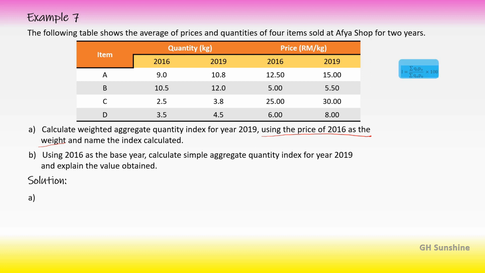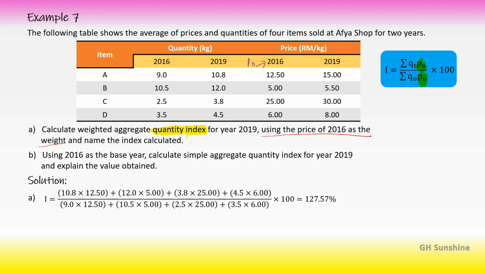So we will use this formula, P naught, price of 2016. So P naught here, and then P naught. In front of the P naught is based on quantity index. That's why QT over Q0. Substitute all the values. Then you got 127.57%.